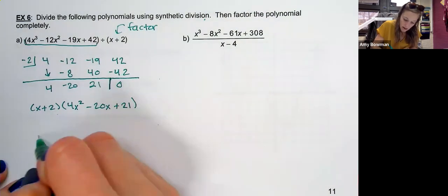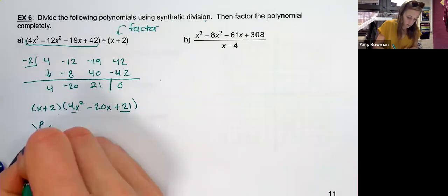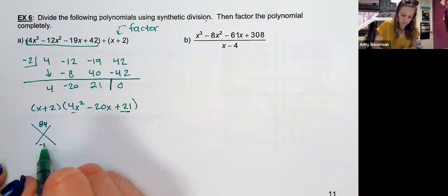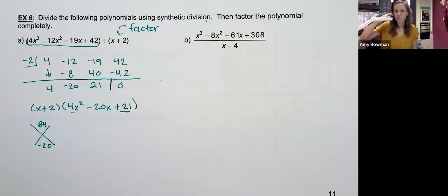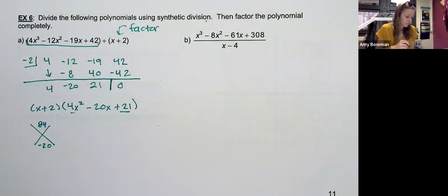So I can use my diamond. 4 times 21 is 84, and -20 goes down here. This one took me a second trying to find my two numbers that multiply to 84 and add to -20, because I wanted it to be 20 and 1 really badly. It did not work.